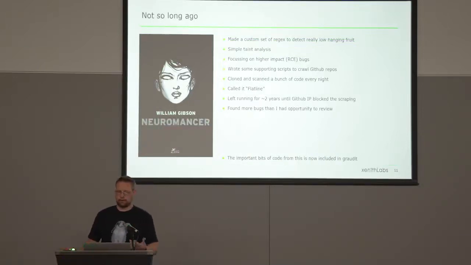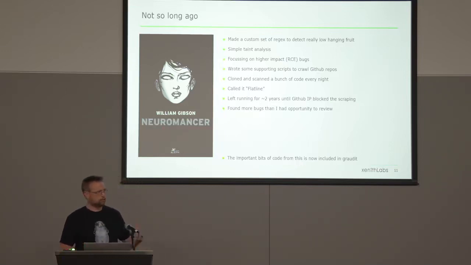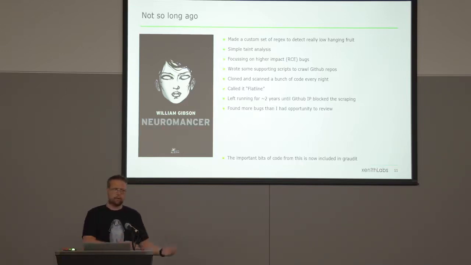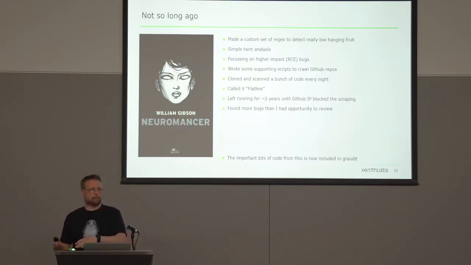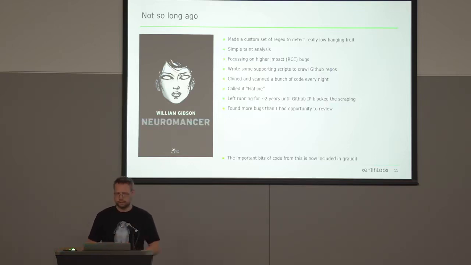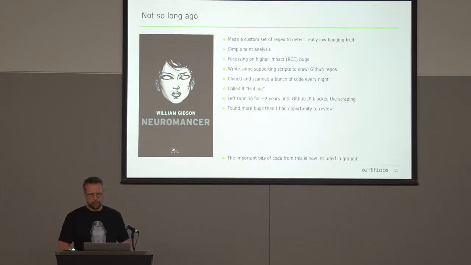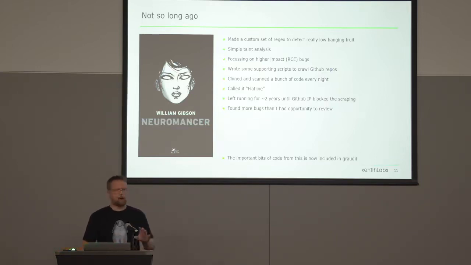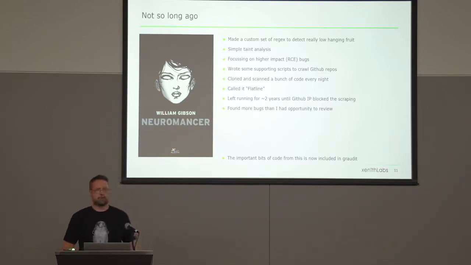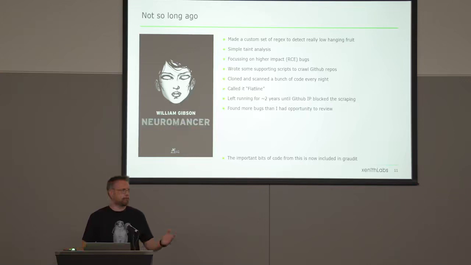I wrote a simple taint analysis engine based on the initial, so to say, it takes grep, feeds grep through Perl and back into grep for a very basic taint analysis. And we just focused primarily on higher value bugs, SQL injection, remote code execution, no cross-site scripting, no CSRF, no information disclosure.